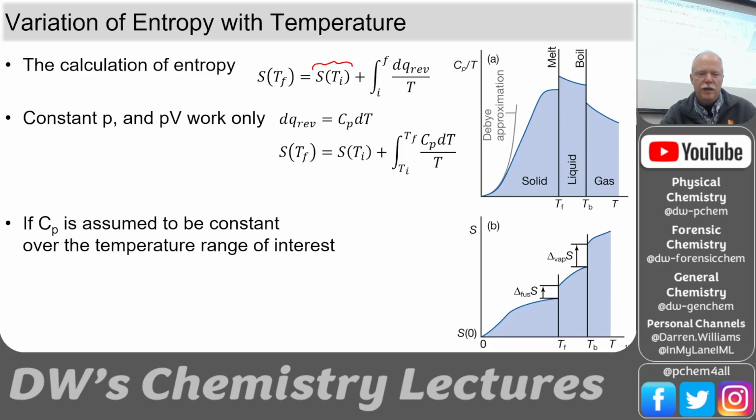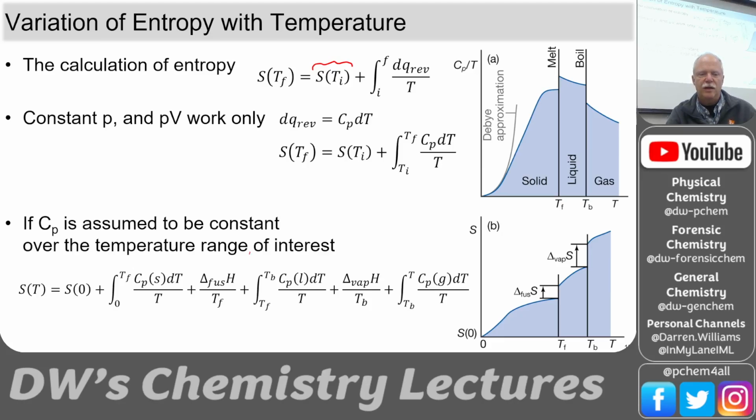And so if Cp is assumed to be constant over the temperature range of interest, then we have this long integral where, again, we have the entropy, that zero point entropy there, and then going from 0, if the final temperature is still a solid, we would just integrate from 0 to the final temperature, or temperature of fusion is what this is.